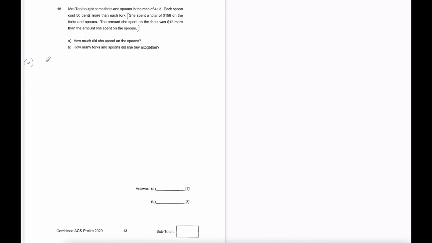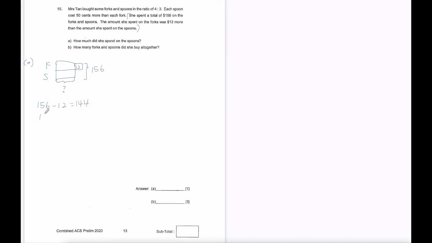So she spent a total of 156. She spent more on the fork. I'm going to draw a model. So $12 more on the forks, and my total is 156. How much did she spend on the spoon? What I need to do is just take 156 minus 12, which equals 144.